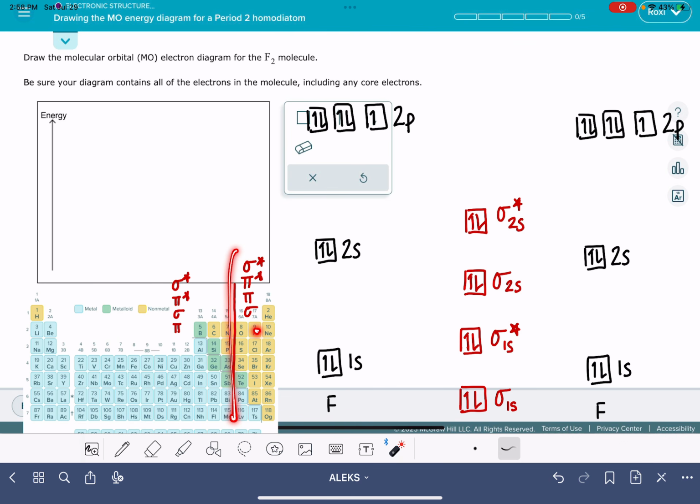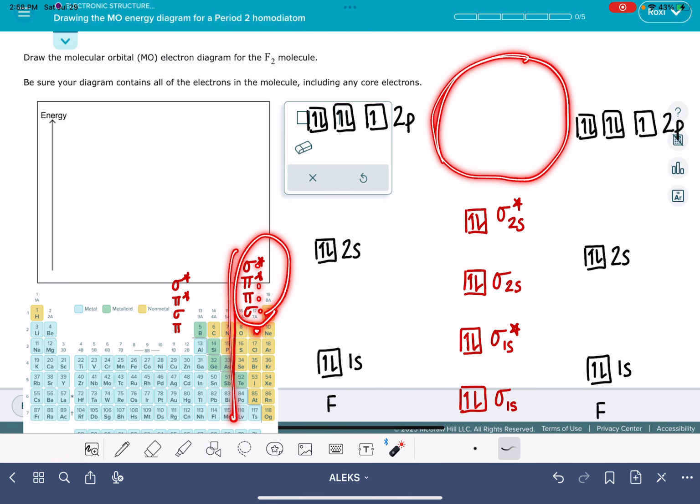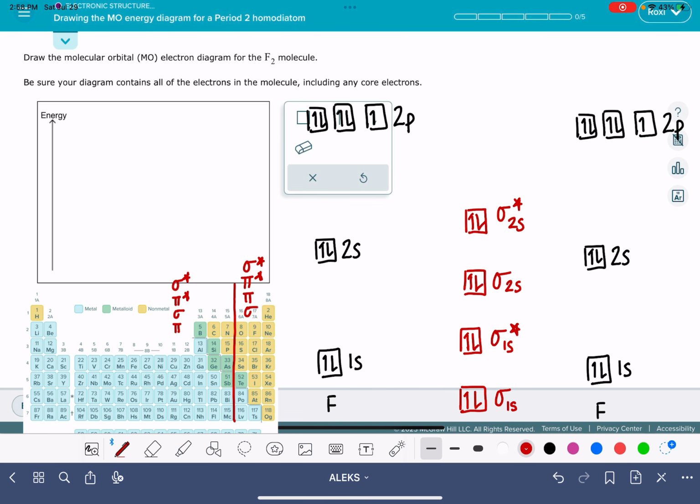Ours are on this side of the line, which means my organization of the molecular orbitals coming from 2p is going to follow this pattern. I'm going to have a sigma orbital down here. This is going to be a bonding orbital, sigma, and it is coming from the 2p's. So this is going to be sigma 2p. Above that, I'm going to have my pi orbitals.